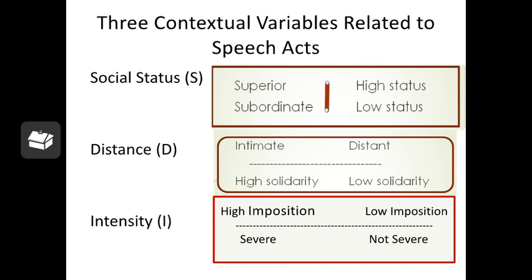So for example, requesting someone for $1 million is totally different from requesting for a pencil. One is having more imposition, or having the greatest imposition, compared to the other one. And similarly to the apology, some infraction can be more severe than others.